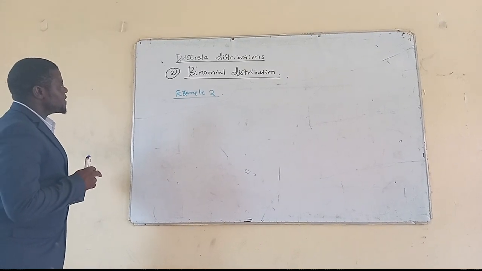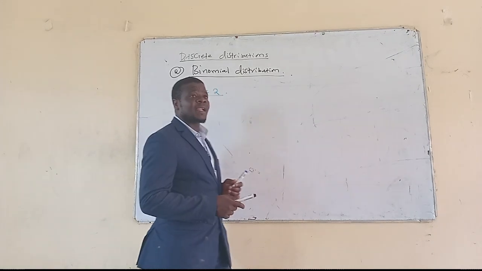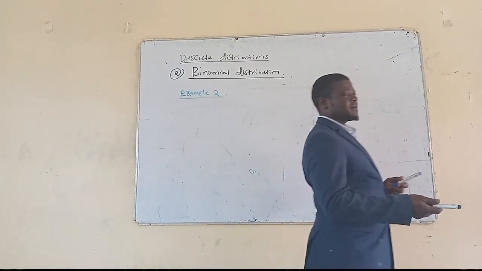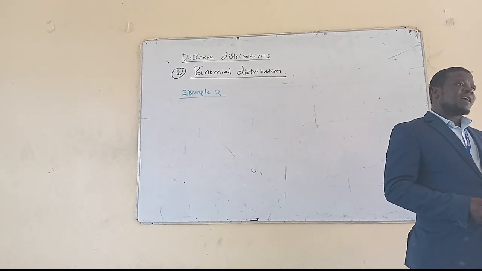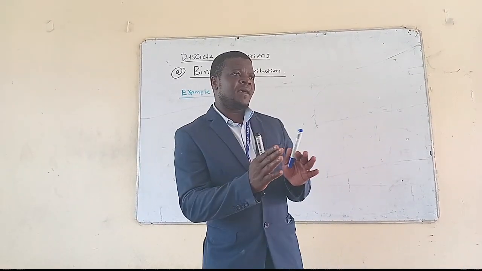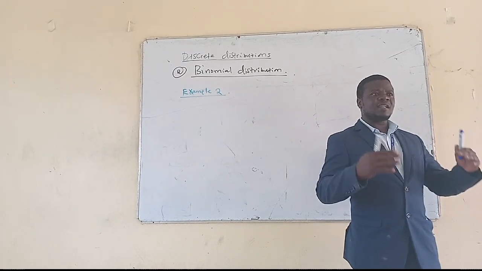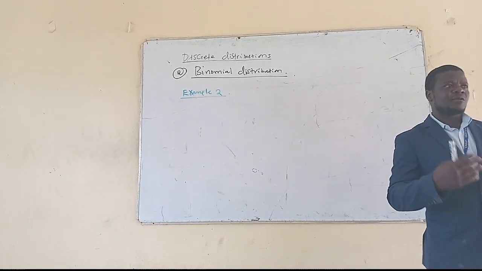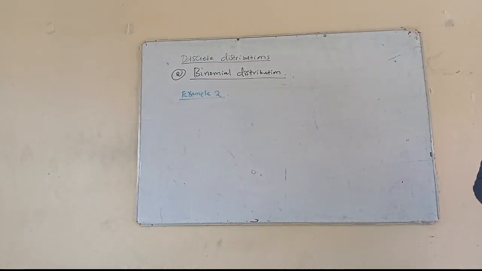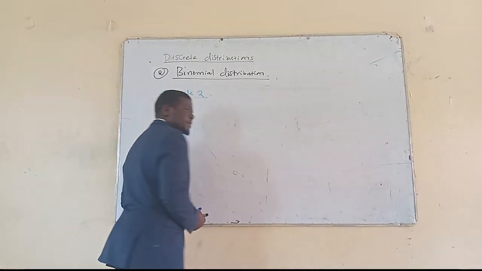An egg can either hatch or it will not hatch, so that is the Bernoulli. But there are 8 eggs. This lizard, or this hen if it was a hen, has laid 8 eggs. So it is no longer Bernoulli but now binomial.